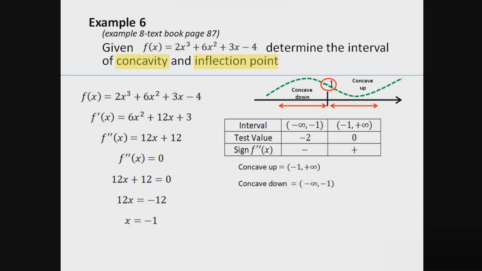It is obvious by looking at the figure shown that the inflection point is when x is equal to -1. To find the y value, we need to substitute x inside f(x). So we'll get y = -3. So the coordinate of the inflection point is (-1, -3).